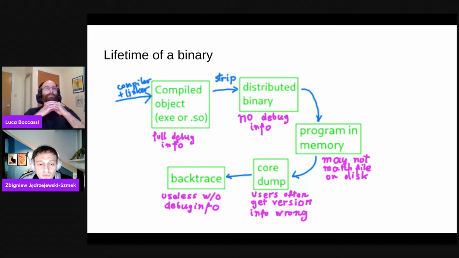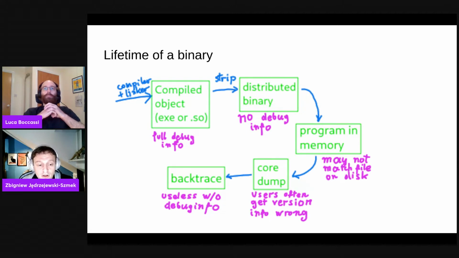But before we send the file to users, we strip debug symbols, and we remove a lot of the metadata. When the program is on disk, it is still quite well known. The user can easily look up in the package database what the version of the package is and so on.